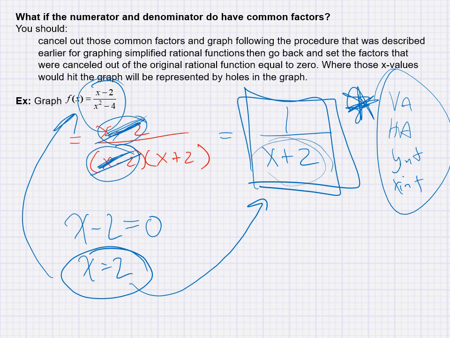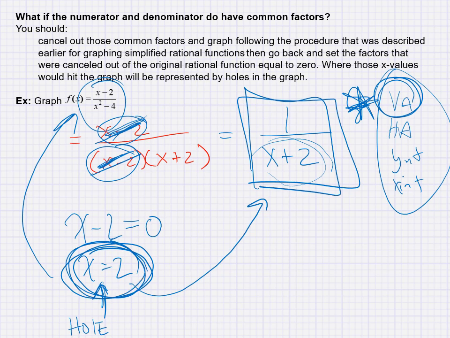So what happens here is this will relate to a break in the graph, but not a break in the graph that's a vertical asymptote. Instead, it'll be a break in the graph that is what we call a removable discontinuity, or simply a hole. Now that's the x value for the location of the hole.